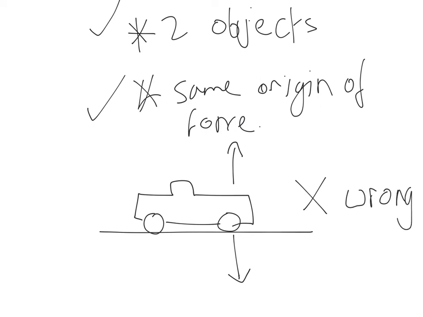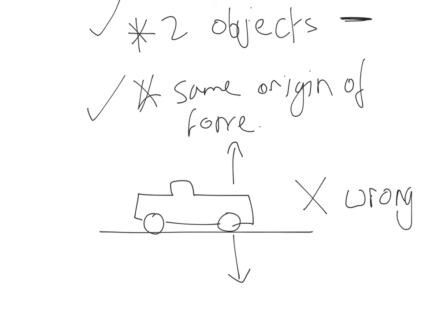Well, think about that very carefully. The first criterion, two objects? Well, no, both of these forces are acting on the same object. The weight is acting on the object, and the contact force with the ground is acting on the same object. So we've not got two objects here. So that's wrong.